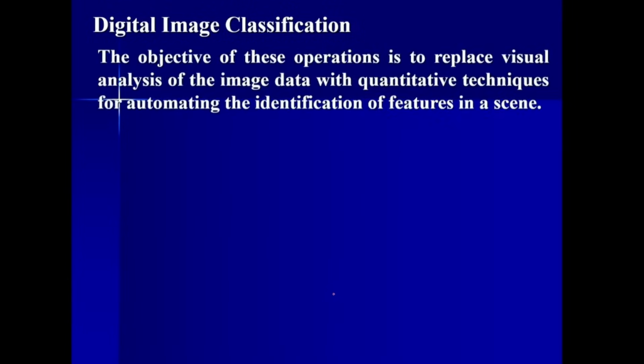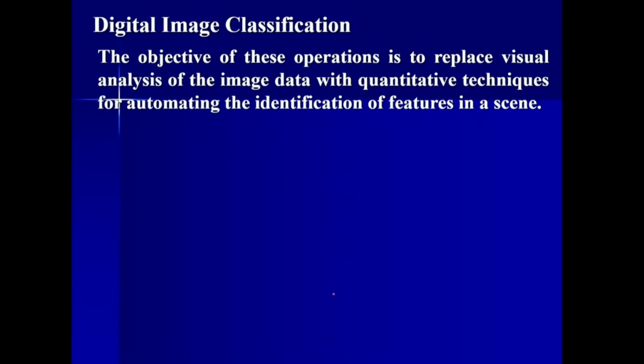Then coming to digital image classification, the objective of these operations is to replace visual analysis of the image data with quantitative techniques for automating the identification of features in a scene. That means previously there were hard copy images on paper prints, and on those people did visual interpretation, mapping the forest boundary, water boundary, built up boundary, like that.